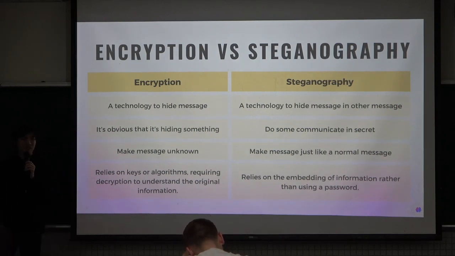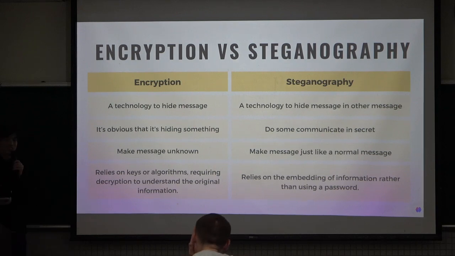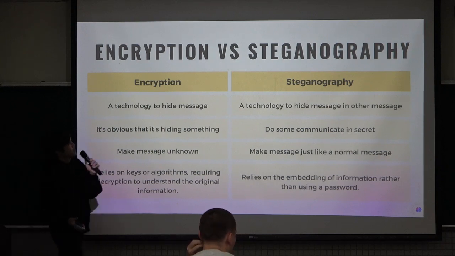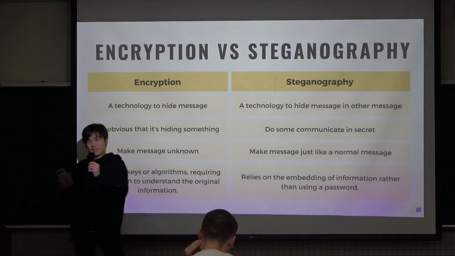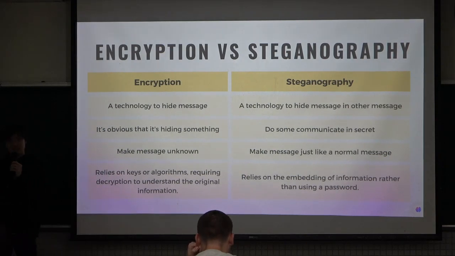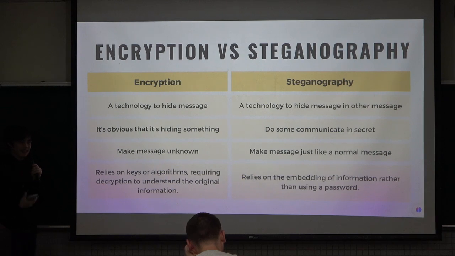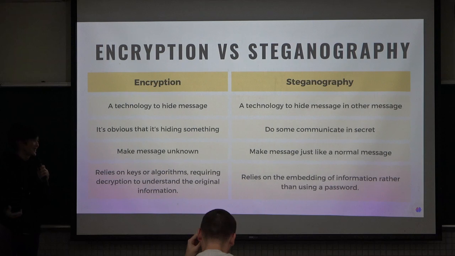If Alice sends Bob ciphertext, it is obvious that we are talking about something that we don't want anyone to know. But if we use steganography, we will hide, like, words into an image. And if Alice sends Bob a video, no one knows we are secretly messaging.